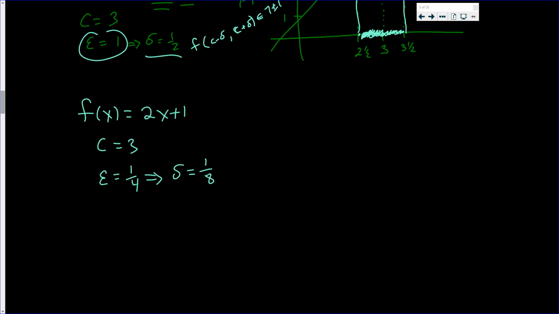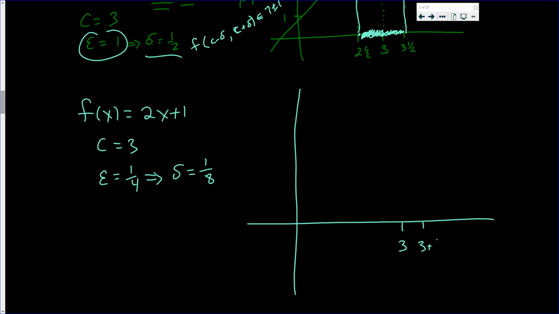That's what we proved. It's an eighth. So let us see what is going on. Here is 3. I go to 3 plus delta, and I go to 3 minus delta. This is 2 7/8. This is 3 1/8.